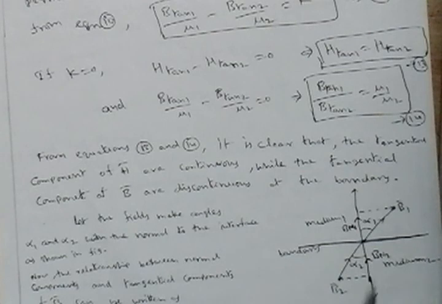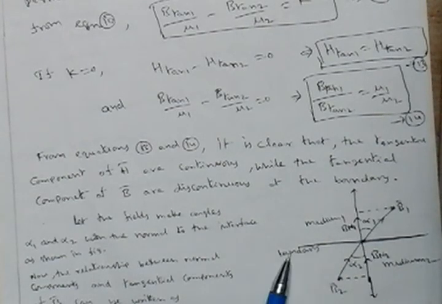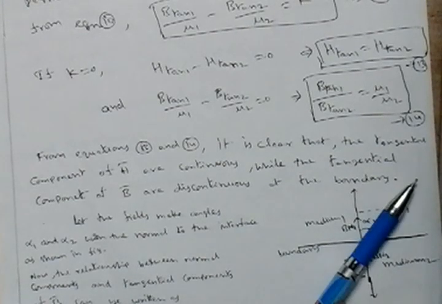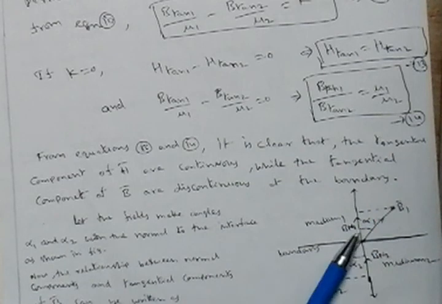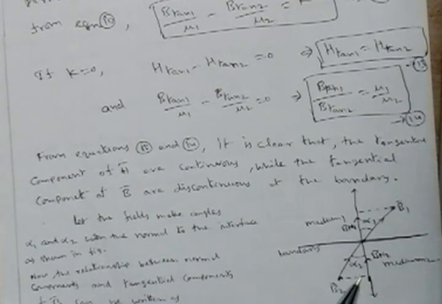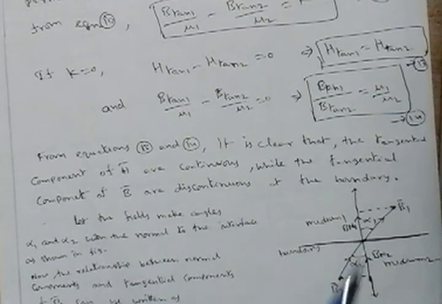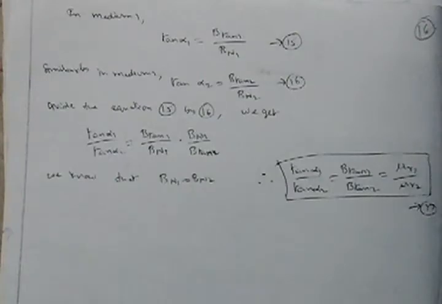This is a perpendicular line, this is the horizontal line. So take some inclined position with respect to this. The angle between this perpendicular line and the magnetic flux density line is alpha 1. On this side it is alpha 2. With respect to alpha 1 and alpha 2, we are going to write the mathematical equations.